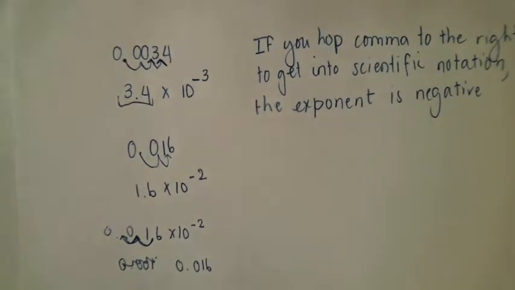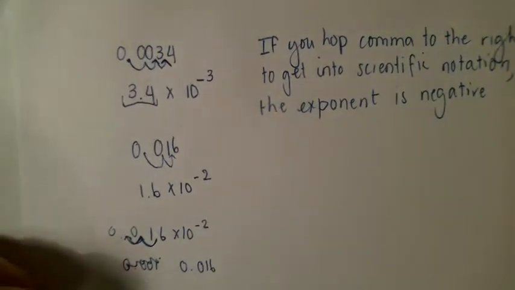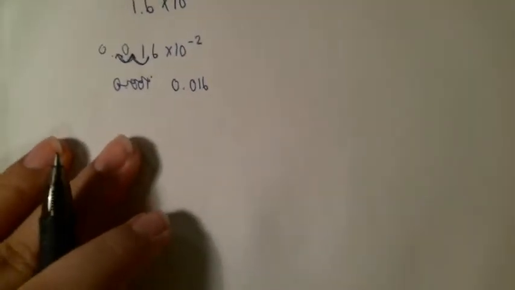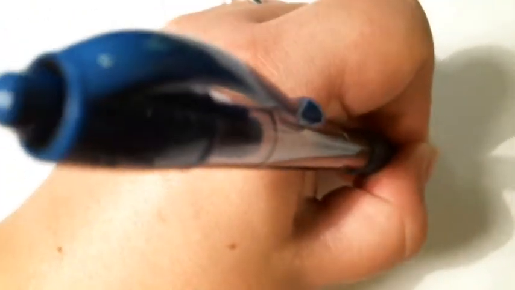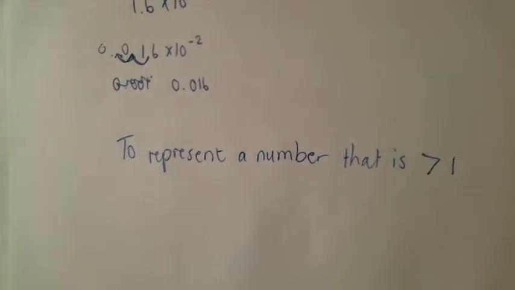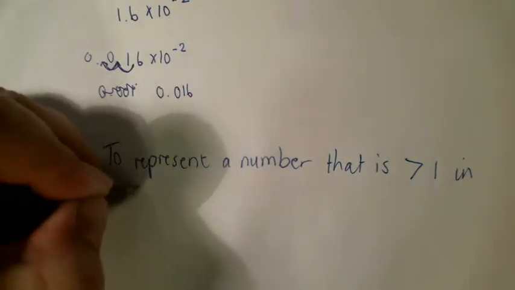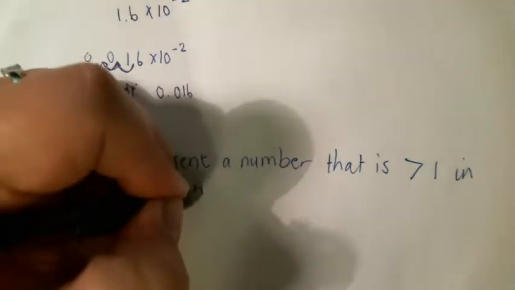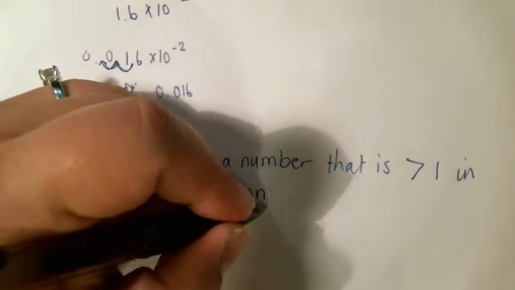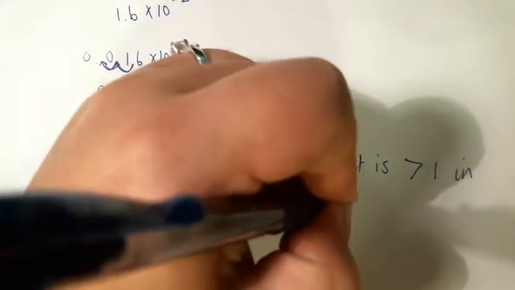Okay. In summary, I want you guys to write this down. To represent a number that is greater than 1 in scientific notation, the exponent will be positive.